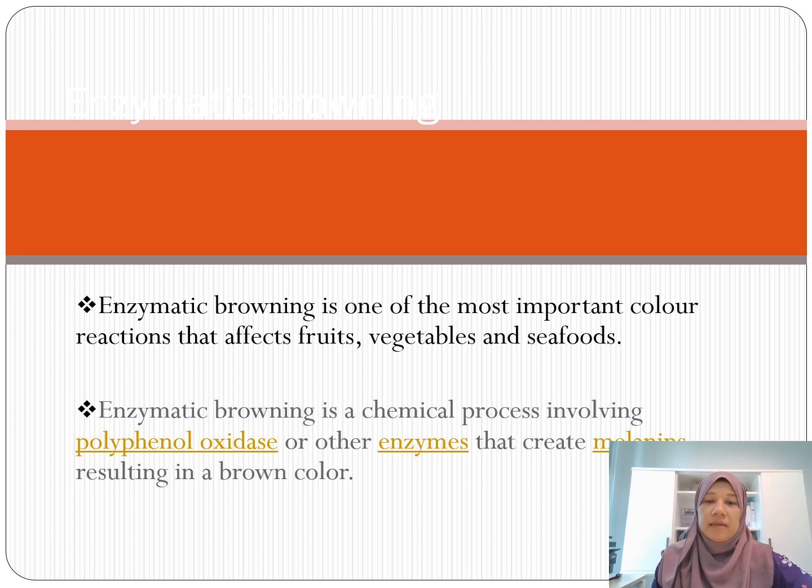There are also a few other enzymes, but here I want to stress polyphenol oxidase, whereby this enzyme will create melanin. Melanin is a surface on the fruits, vegetables, and seafood that results in a brown color to this type of food.